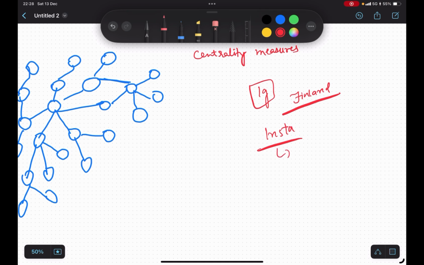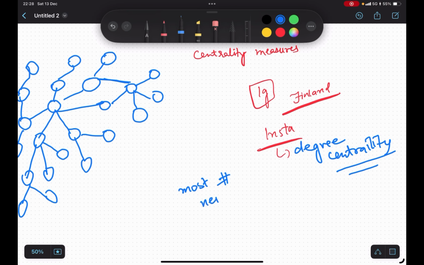This is a very basic idea, and it is known as degree centrality. We say that the node that has the most number of neighbors is the most important node.